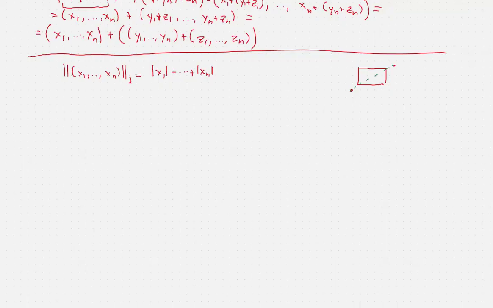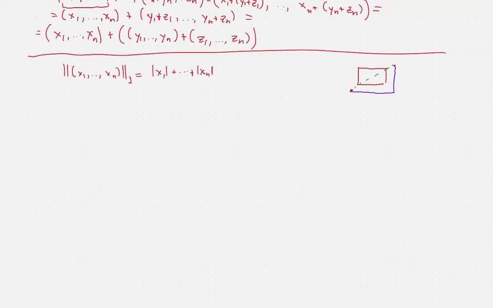And that's exactly how a cab driver would drive this, or, you know, any driver for that matter. Traditionally, it's called the cab driver distance, but we could just call it the driver distance that is induced by this norm.